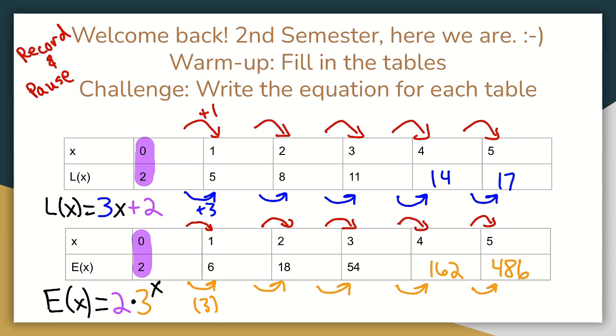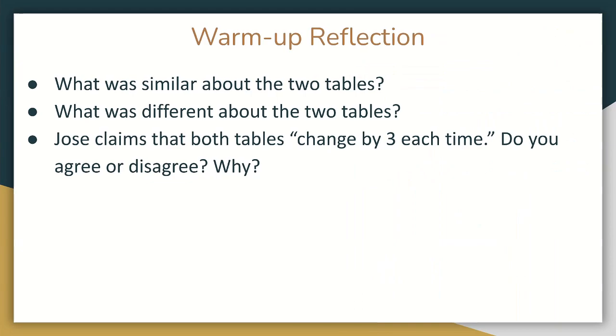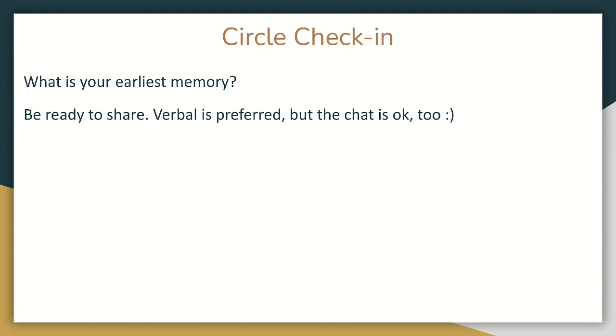So it's just that the word change means something different between the tables. Great. I love it. Thank you, Josh. So Josh claims that both tables change by 3 each time, because change means something different in each table. Thanks, Josh. All right, we're going to pause the recording here.